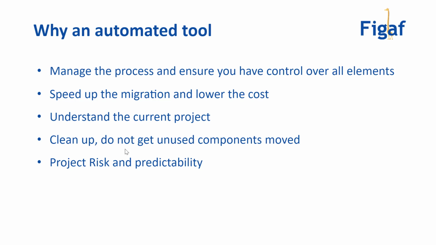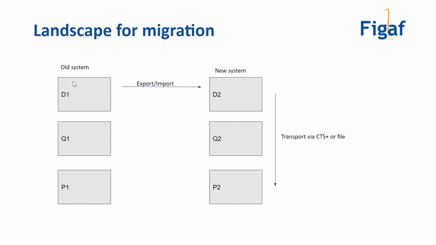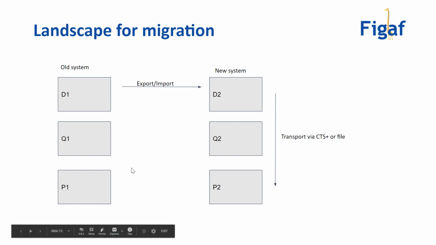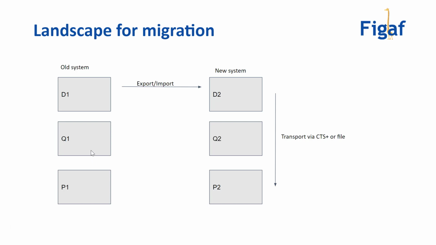So we have a landscape where you have an old system and a new system, and then we want to take the content from here, migrate it over here, and we want to take the configurations of the communication channels down here and copy them to the configurations over here. And yeah, obviously it can be done manually or with the migration tool, but we just want to make it much easier to manage the full process.